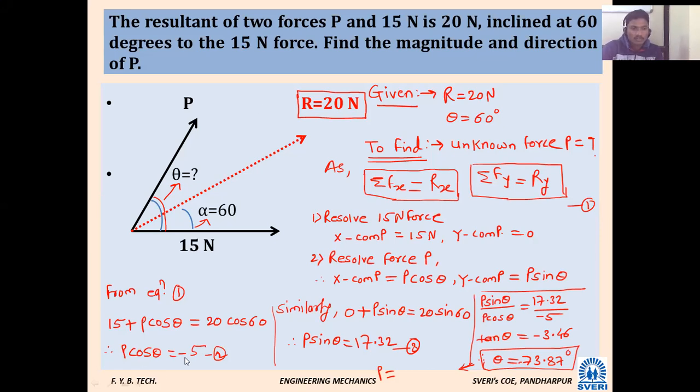P cos theta is equal to -5. In that, you have to put the value of theta. Just check the calculation. 18.04 Newton. Why are you taking a lot of time to calculate this? Is it correct?